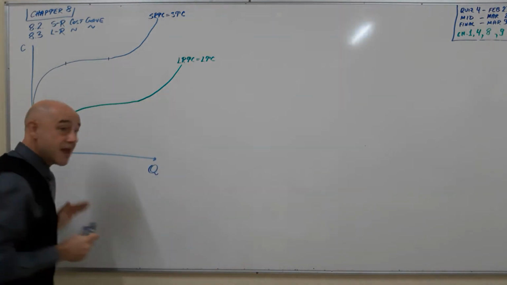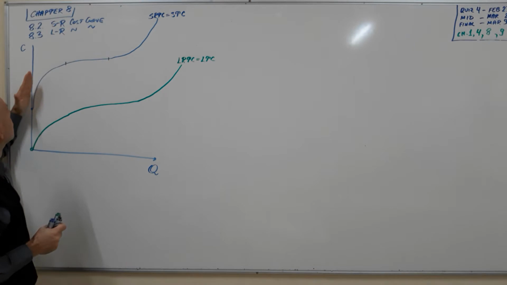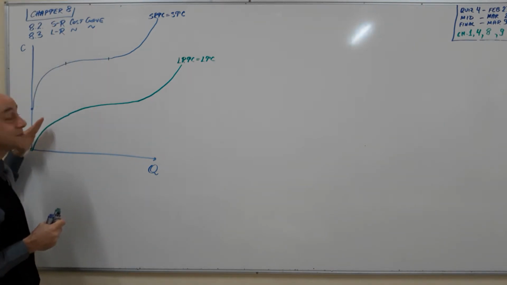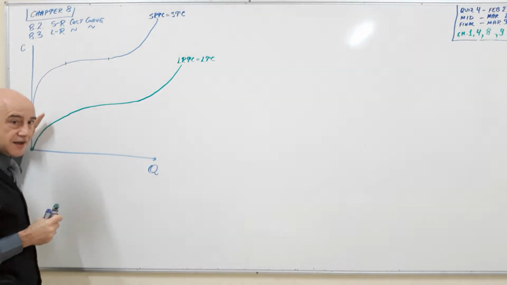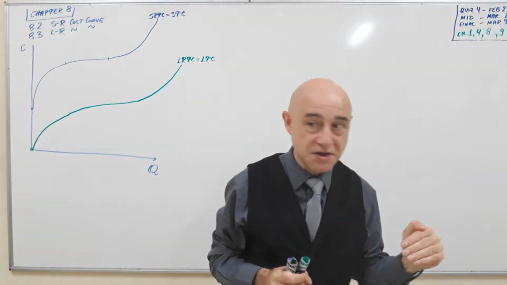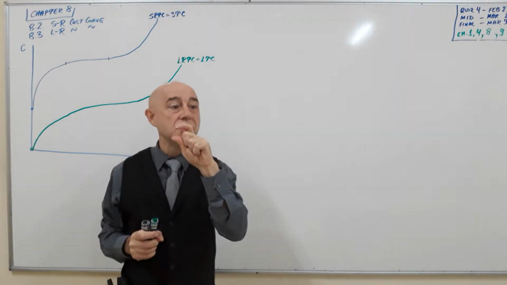The second main difference is that in the short run, costs rise very steeply. In the long run, they rise, but not as steep, not so fast. In other words, in the long run, you can increase quantities with lower marginal cost.